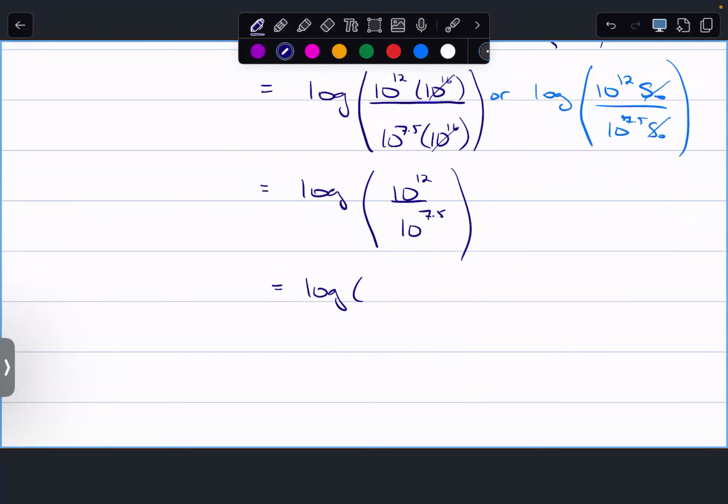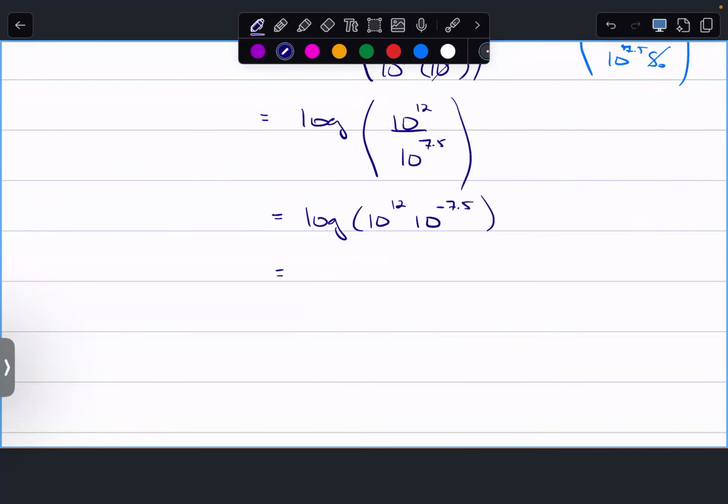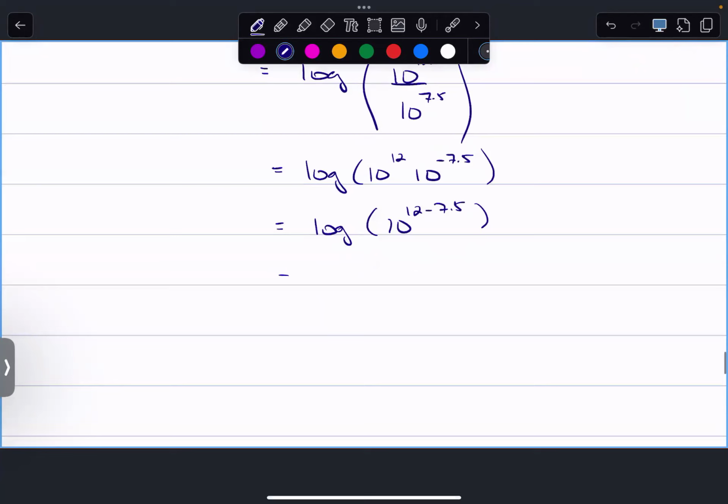This is the same as the log of 10 to the 12 times 10 to the negative 7.5, because it's been a while since we worked with exponents. And so I have the same base, which means I can add the exponents. The log of 10 to the 12 minus 7.5. 12 minus 7.5 is 4.5. The log of 10 to the 4.5.